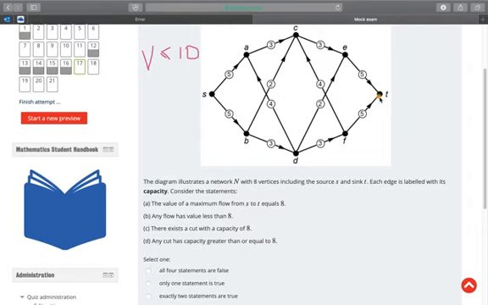But it doesn't take much more inspection to see that in fact the value can't be more than 6. We can certainly get a flow of 6 because we can get 3 along the top. We only have capacities 3 and 3 here, but we can get 3 along the top and 3 along the bottom.